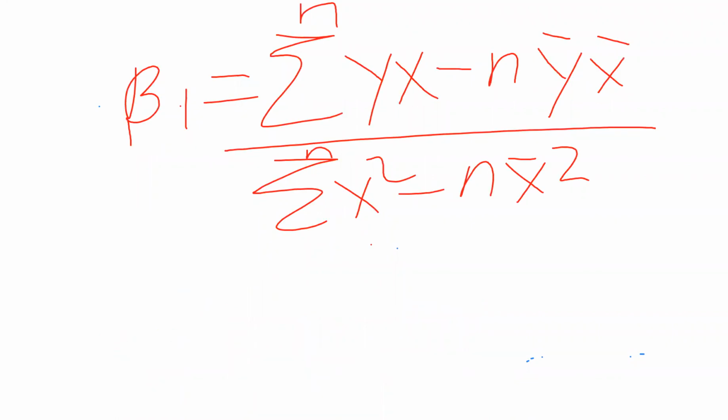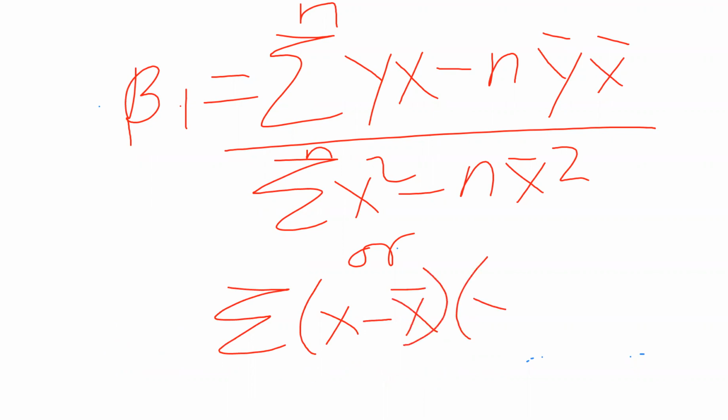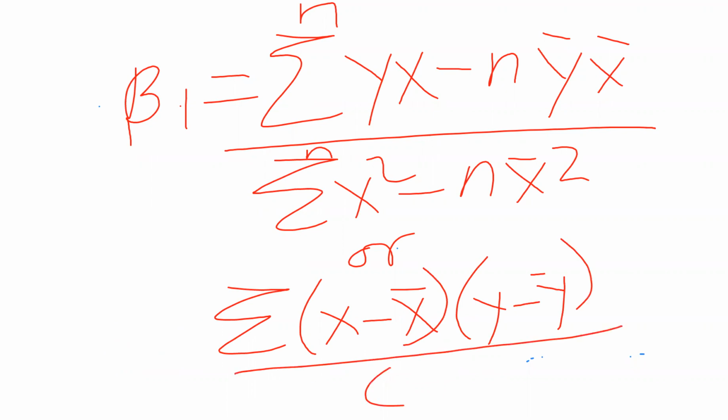That is the formula you use to find beta 1, okay? Then it is also the same as the summation of x minus x bar times y minus y bar, which are basically the deviations, divided by the variance, which is x minus x bar squared. This is still the other way of looking at it. You can easily get beta 1 when you solve like that. Clear?